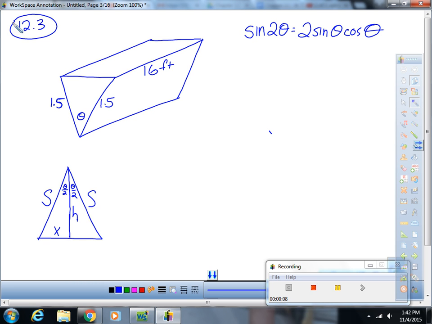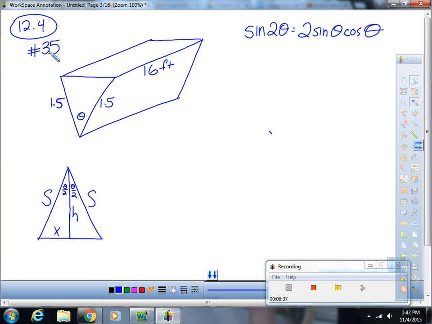All right, so this is number 35, actually from 12.4, okay? And the question says, a trough is 16 feet long. See the figure. Its cross-sections are isosceles triangles with side lengths 18 inches.